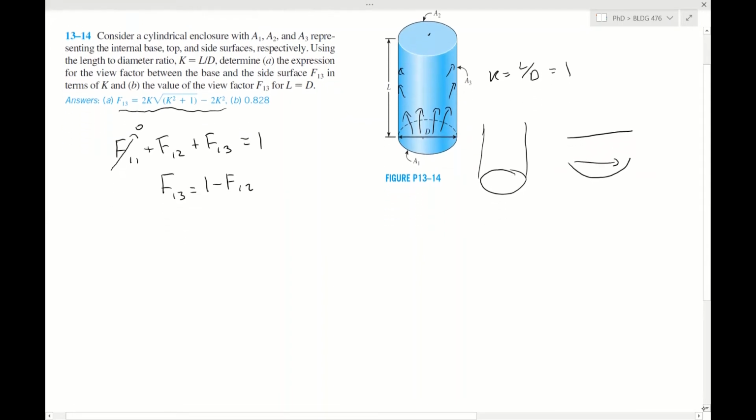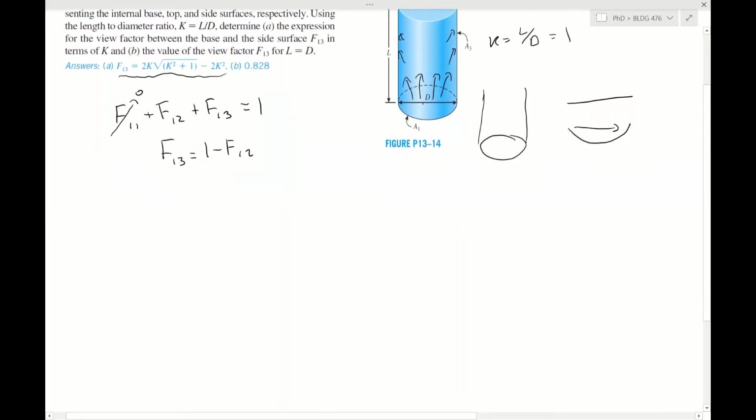Okay, so we're going to take our coaxial plates, table 13.1. That table works off of the IJ method, so our I is going to be our 1, our area 1, and we're interested in how much it exchanges with our J, which is 2.